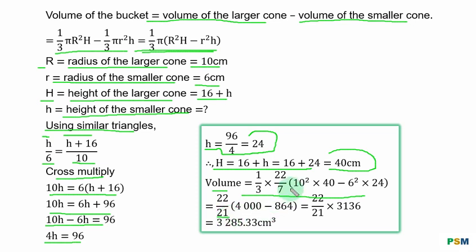You have 10 square, 100 times 40, you have 4,000, minus 6 square, 36 times 24, you have 864. If you subtract, you have these results. Multiply and divide. The volume of the bucket becomes 3,285.33 cubic centimeters.